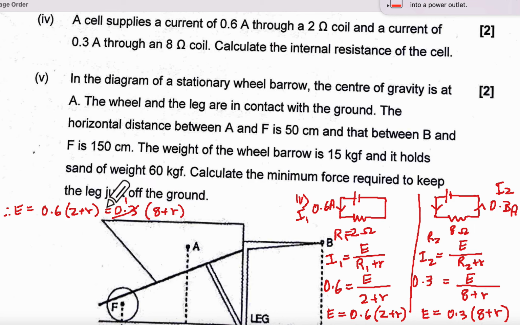Now I can do this 3 ones and 3 twos. So I'll have 4 plus 2R is equal to 8 plus R. Can you find now? How much is R? 4 ohm. Now understood? Yes, sir.